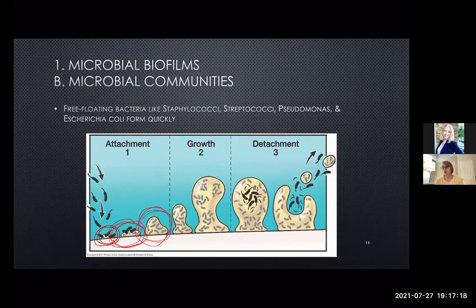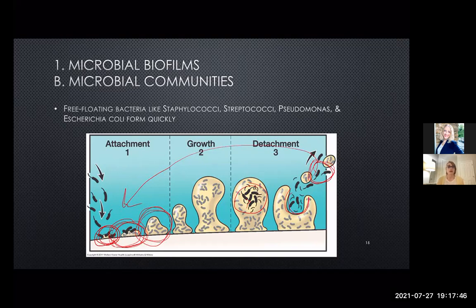So then we've got growth, detachment. You can see here we're forming bacteria that have little tails on them, and they become, again, planktonic or freely mobile bacteria that can go onto a new spot, just like this, and attach, start all over again. This is why bacteria really can multiply quickly. It's always growing and maturing.